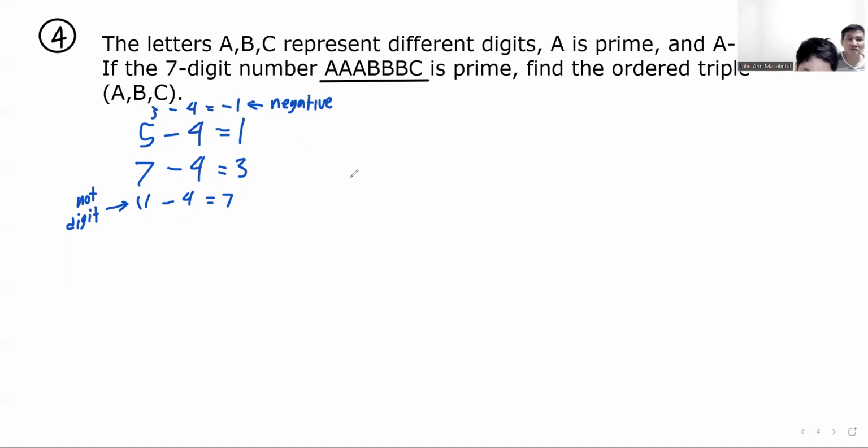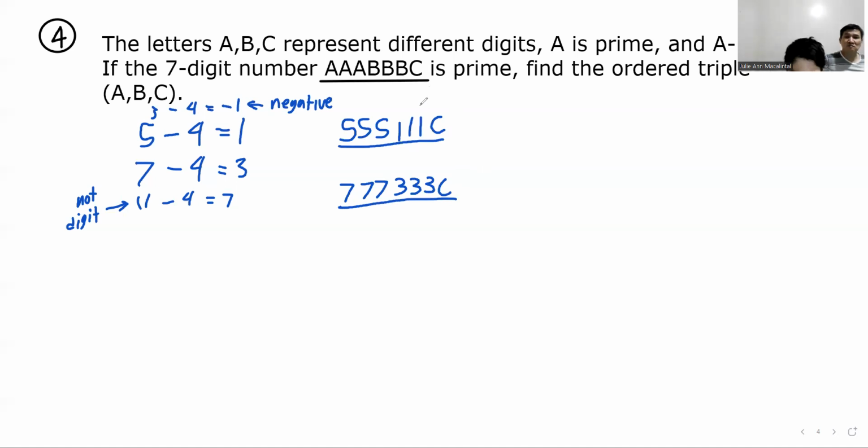So we have only two choices for A and B. One is 5, 1, 1 with something, which is C. And then the other one is 7, 3, 3 with C as something. So it will be a little hard if we do it on our own. The closest prime using a digit as C, there's only one prime that can fit this, and that is 5, 1, 1, 2, 4.